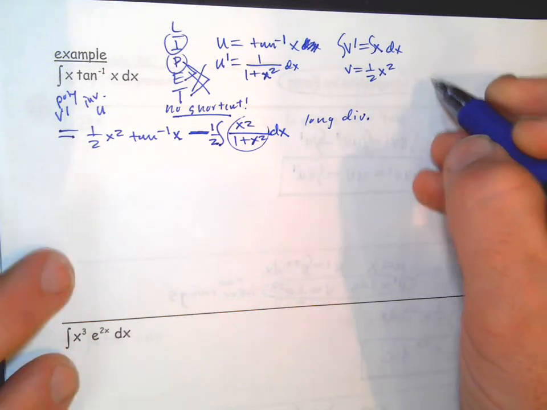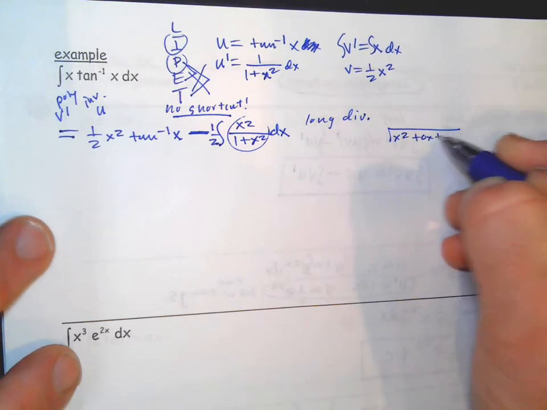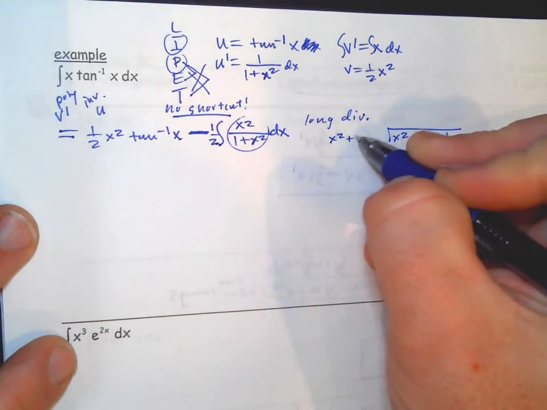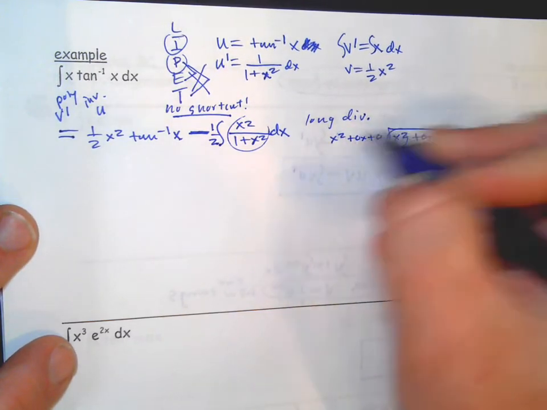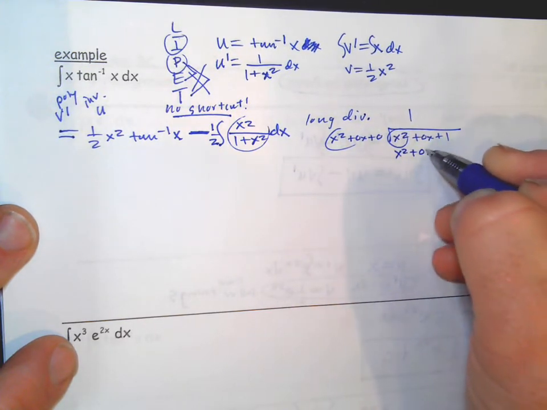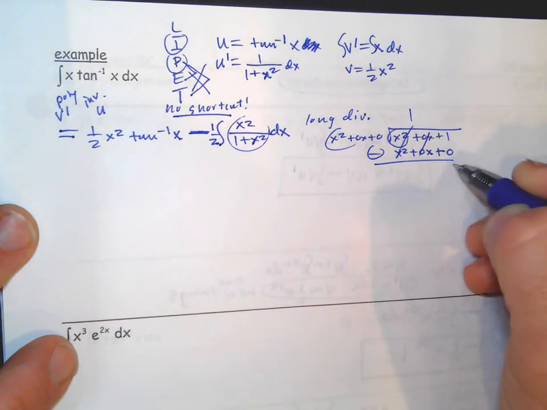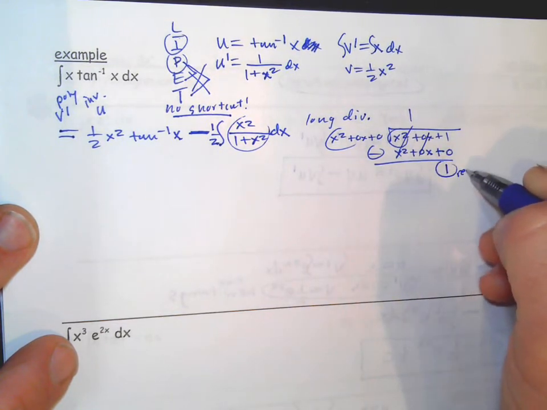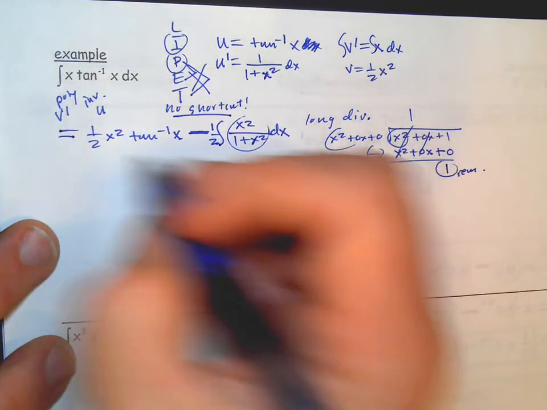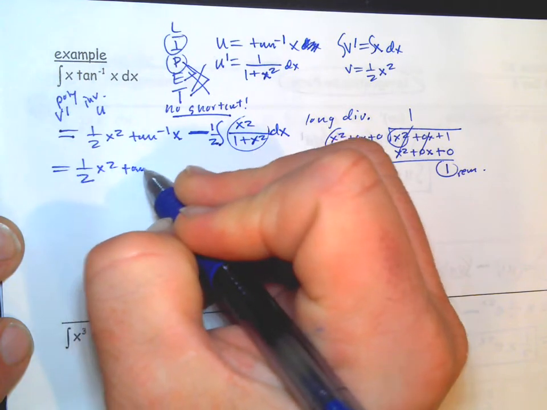Long division. So I'm going to do x squared plus 0x plus 1 divided by x squared plus 0x plus 0. First terms, it's going to be a 1. It's going to be x squared plus 0x plus 0. We're going to subtract. And we're going to get a 1 remainder. So the other stuff in front just stays the way it is.